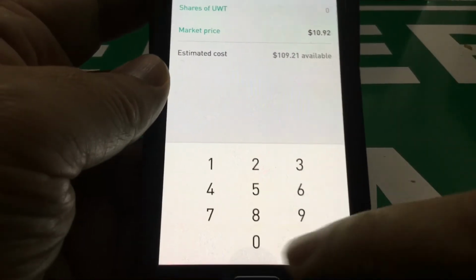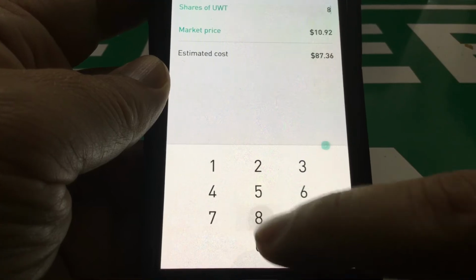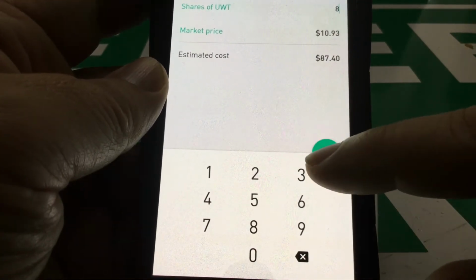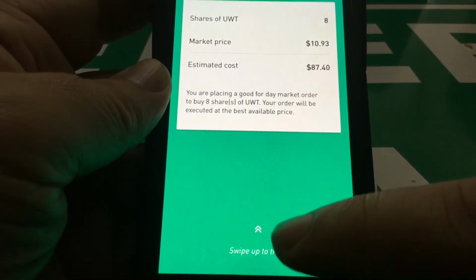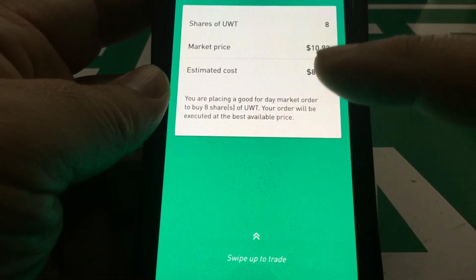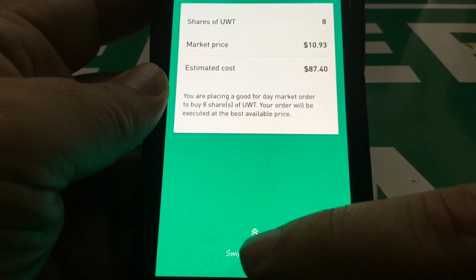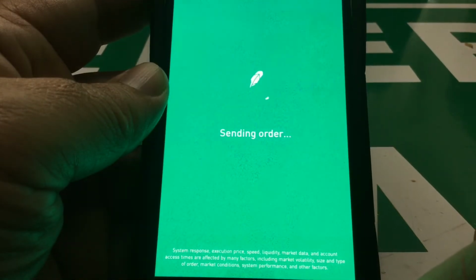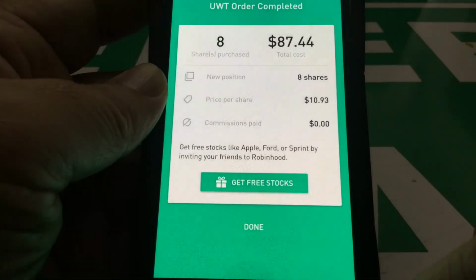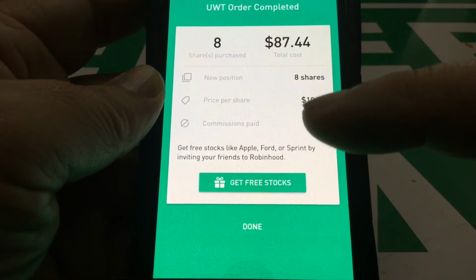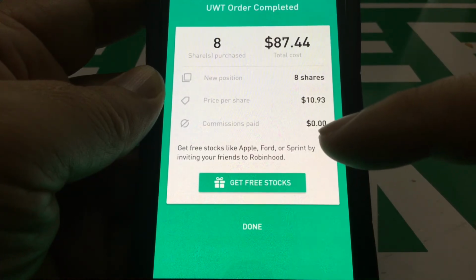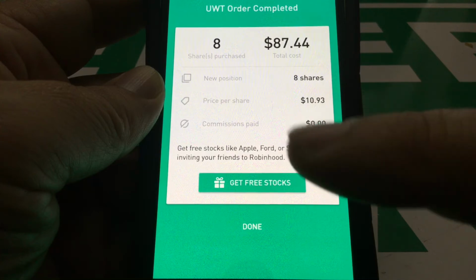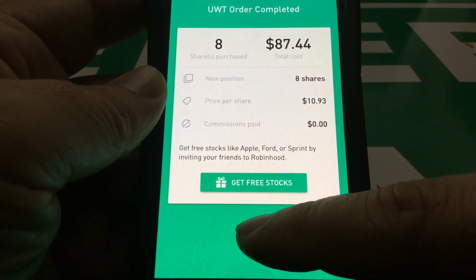So we're going to put in an order for 8 shares. A lot of times it won't let you do only 75%. So basically I'm buying 8 shares of the crude oil shares here. Hit the swipe. Boom, that's it. I just bought 8 shares, commission 0. Again, very important, no commission. You're done.